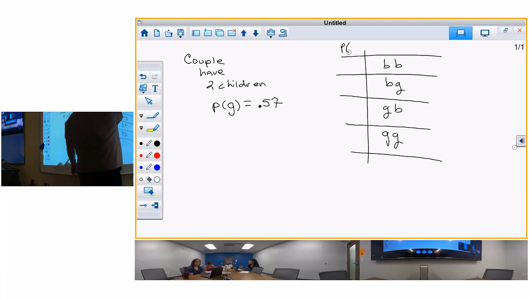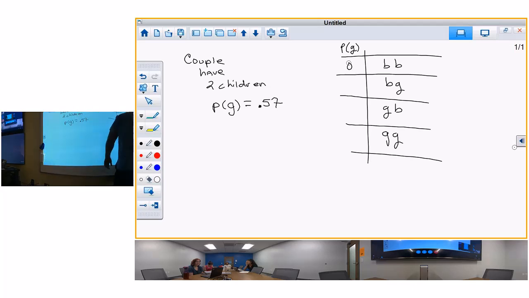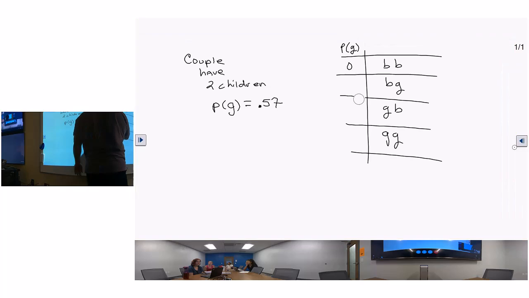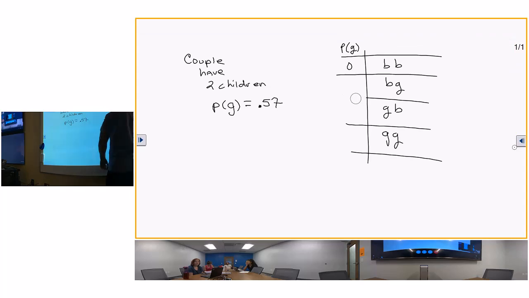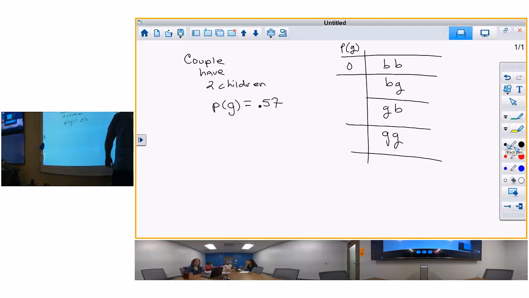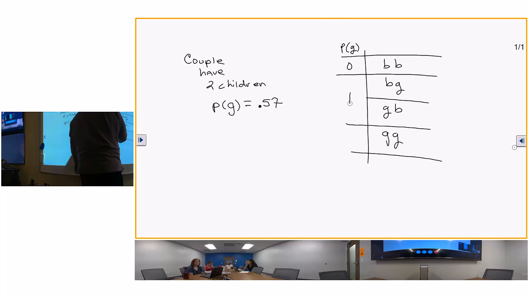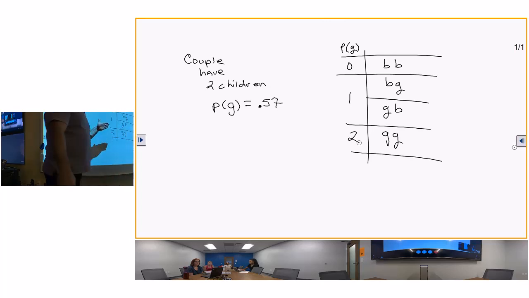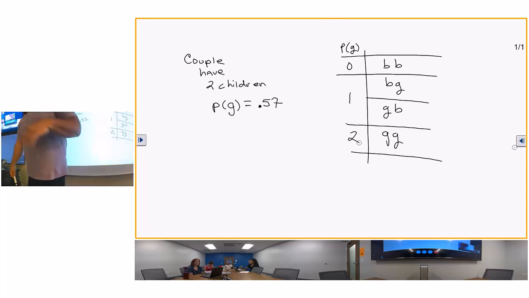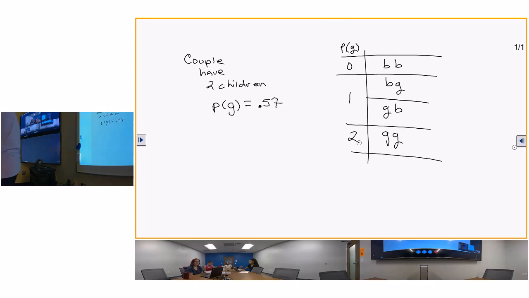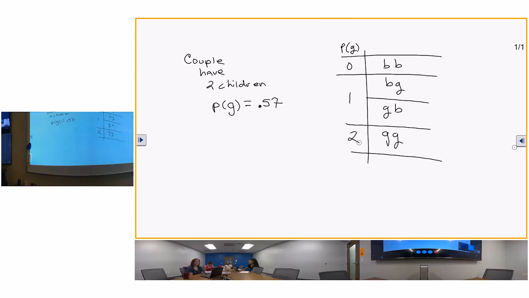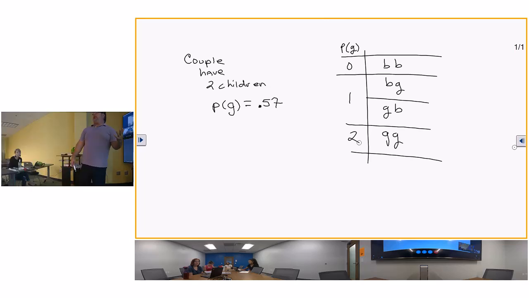Probability of a girl. 0 girls. 1 girl. So I'm going to erase this and put 1 girl. And this is 2 girls. So there's our probability: probability of 0 girls, 1 girl, and 2 girls. This is how you make a probability distribution.